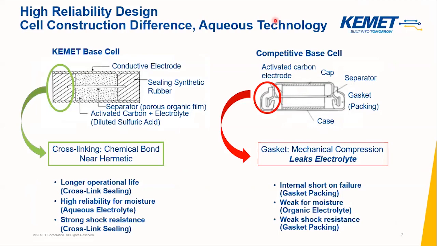When it comes to the benefits in our design of the KEMET supercapacitors, we provide a high reliability design. One reason is the way we use the termination and cross-linking for the terminal, made from a chemical bond that is near hermetic, which helps us have a longer operational life and strong shock resistance.